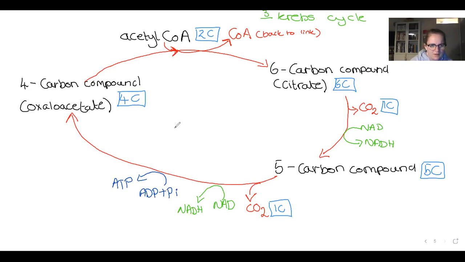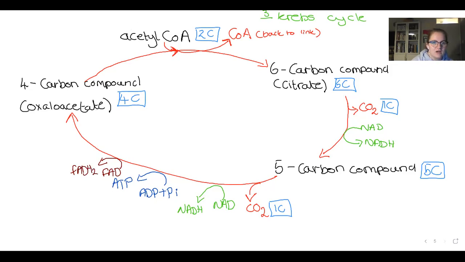This will work. Then we've got dehydrogenation again two more times. The first one is going to be of FAD this time. So we're going to lose a hydrogen and it's going to be accepted by FAD, so we get reduced FAD, FADH2.